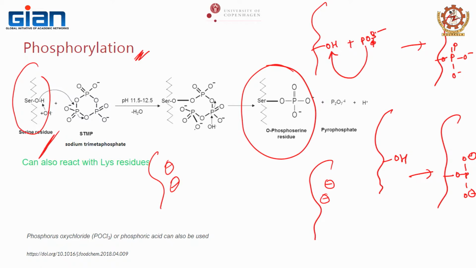For doing phosphorylation, they use a chemical called sodium trimetaphosphate. It is called GRAS. I hope I made my point. Yes, GRAS means not the grass. It is generally recognized as safe by the FDA. So, you can use it in food to a certain extent.